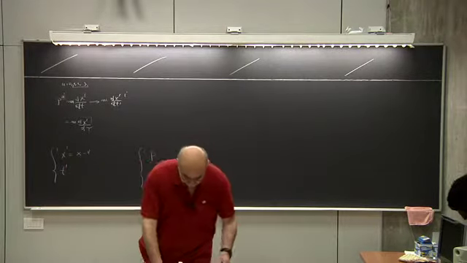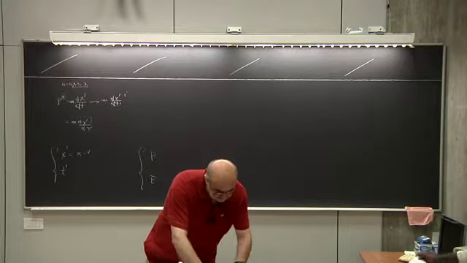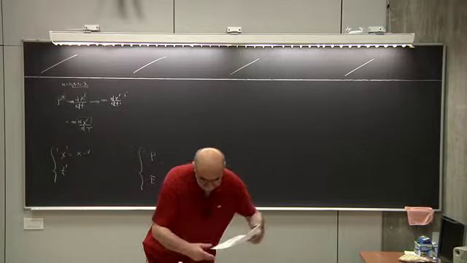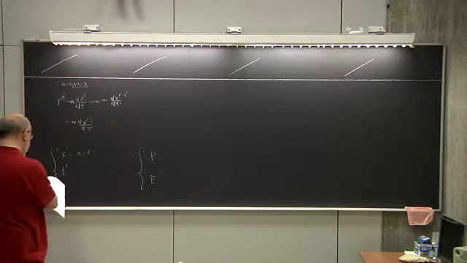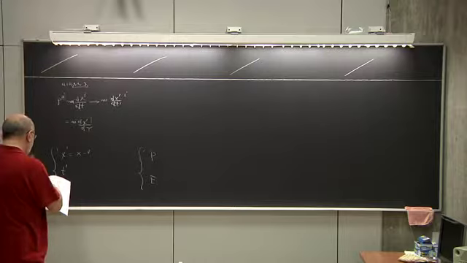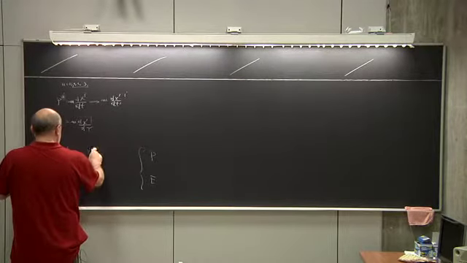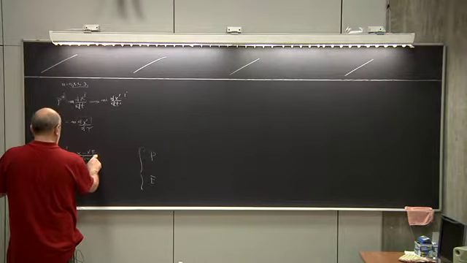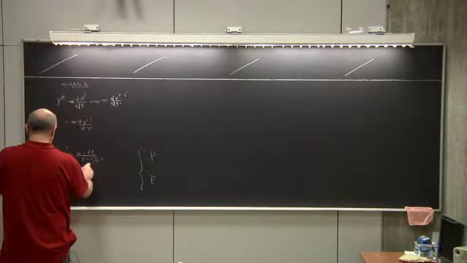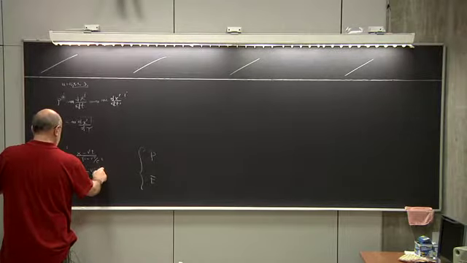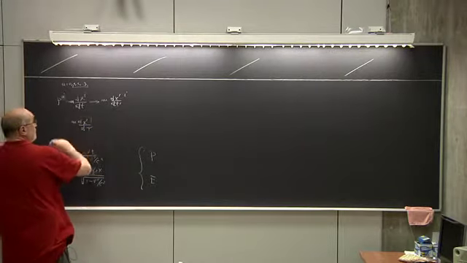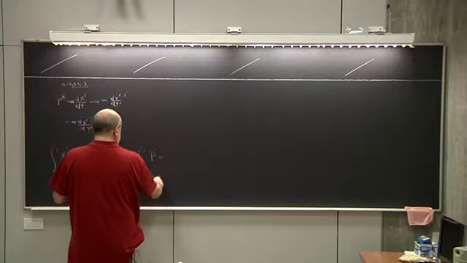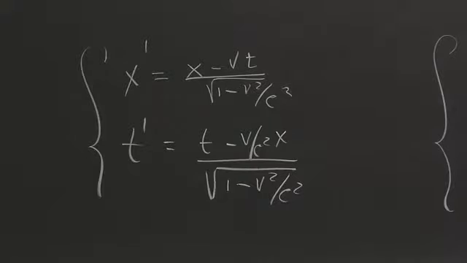Last lecture we saw that with this definition, where this is proper time, the p and the E also make a four-vector, and their transformations are the following.